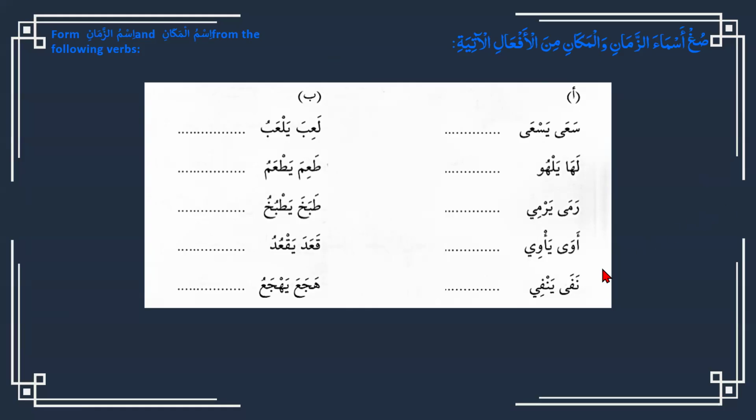The bottom 2, Ava Yavi and Nafa Yanfi, Sister Mehreen will complete. On the left side, Laiba Yalabu, Taima Yatamu, Tabaha Yatbukhu, Brother Ahmad Keen will do. And the bottom 2 on the left, Qada Yaqudu and Haja'a Yahju, Brother Umar will do. Let's start with Sister Naila for the first 3. First, translate the verb, then convert it into Ismal Makan was Zaman and translate that too.